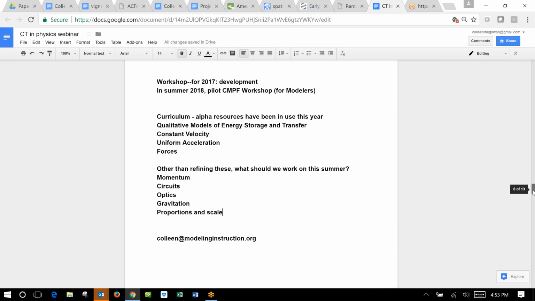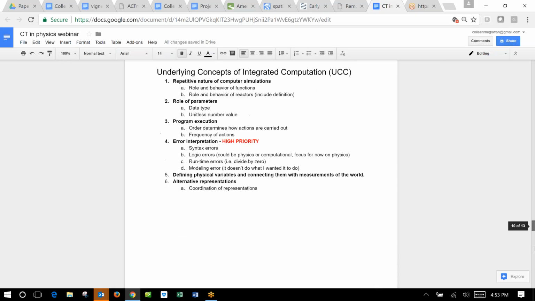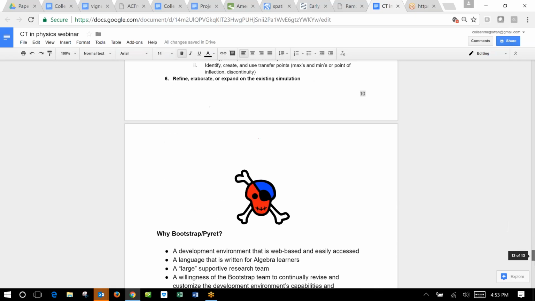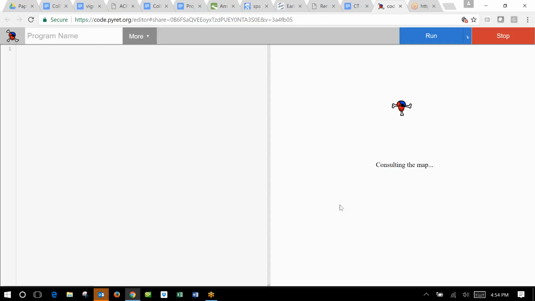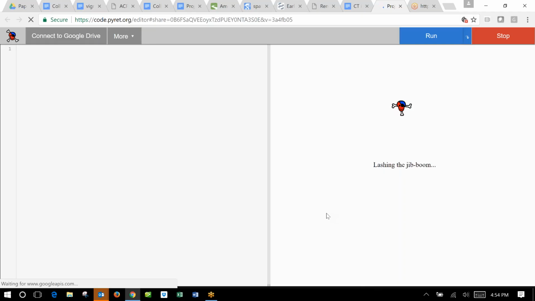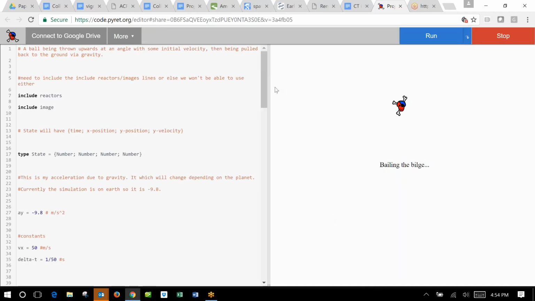I'm going to cut to the end and show you this one really fast. This is an advanced peek at the development environment.